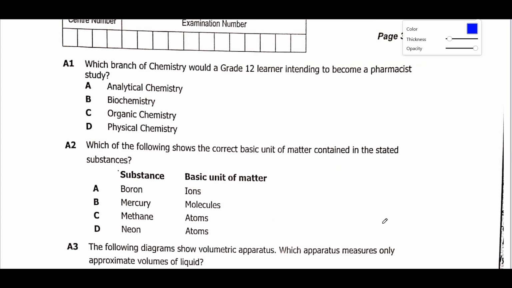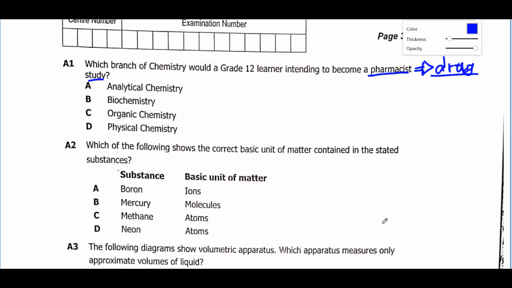Which branch of chemistry would a grade 12 learner intending to become a pharmacist study? A pharmacist has to deal with drugs. So we are looking at the formation of drugs and how the structure of a drug is based on the characteristic of a disease.